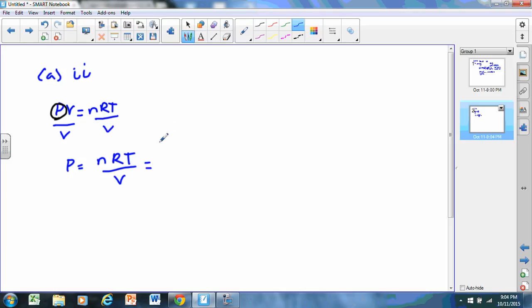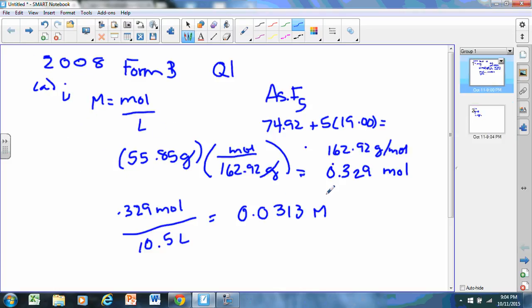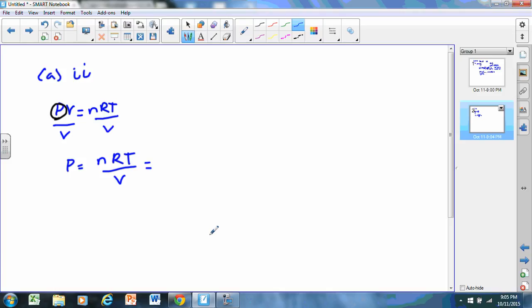And we just did this. I'm going to go back. N was 0.329 moles. So we don't want to reinvent the wheel. So N is 0.329 moles.